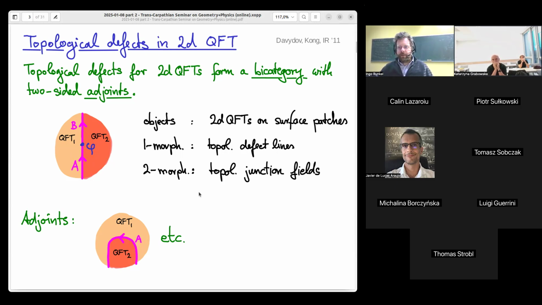I will occasionally mention these adjoints. They are related to the fact that, although we didn't see this in the Ising example, in general my line defects come with an orientation. If you think of them as, for example, implementing a non-commutative group, then you need an orientation to see if you're acting with g or g inverse. And so then you can turn them around, and this fact is encoded in the existence of adjoints.